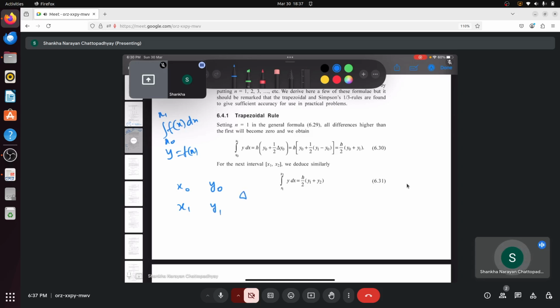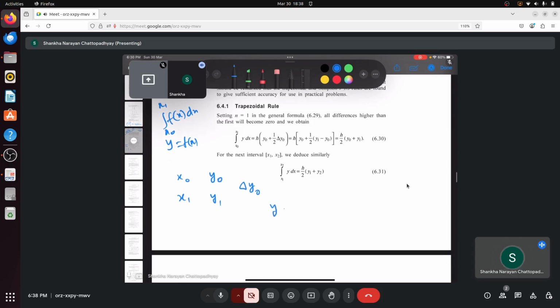So you can have this forward difference table, and then you can approximate y as y0 plus (x minus x0) into delta y0.